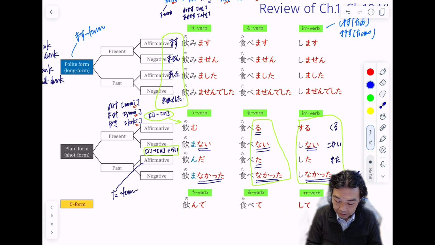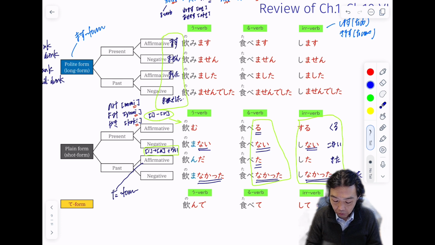So if you have a te form, this past affirmative is very simple. It's called ta form, and it sounds like a te form because they are almost the same, except that the te form always ends with te, and the ta form always ends with ta.